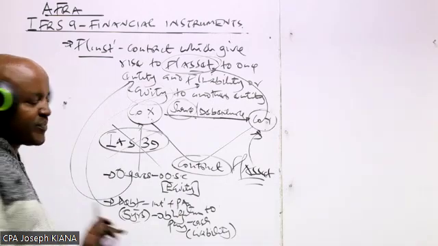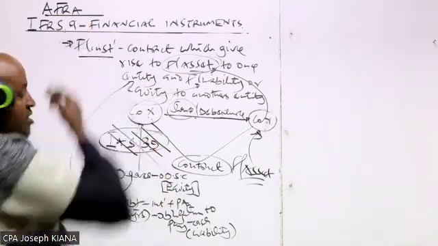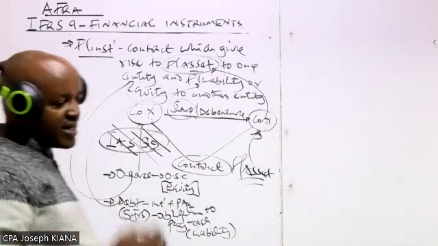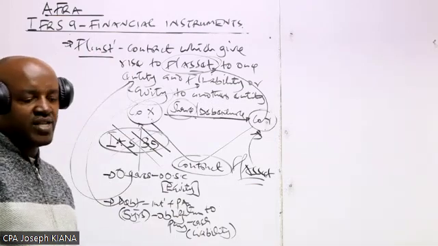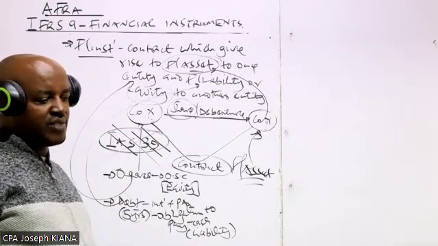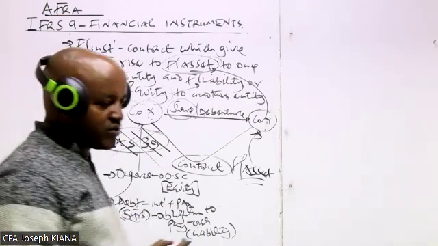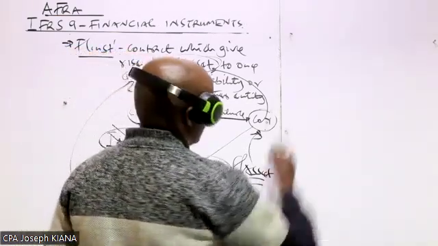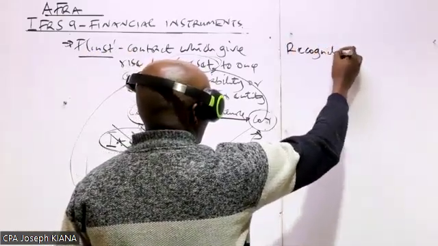That standard has been scrapped. It has been done away with and replaced by what? IFRS 9. So currently financial instruments are recognized, measured, and also presented in the financial statements in accordance with what? IFRS 9.